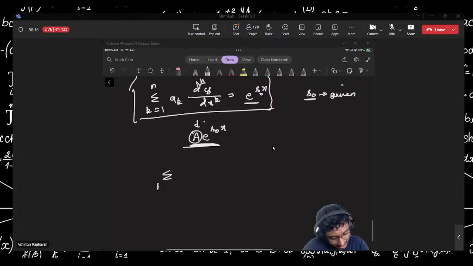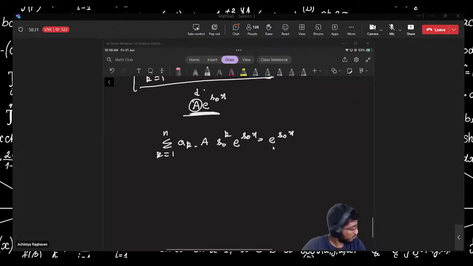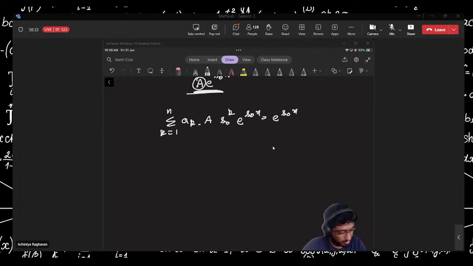And so we get the summation k equal to 1 to n of a times differentiating the k times s naught for k e power s naught x equal to e power s naught x. So yeah, we can of course cancel this because it's independent of k.